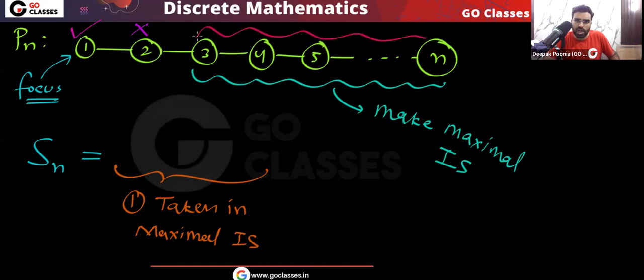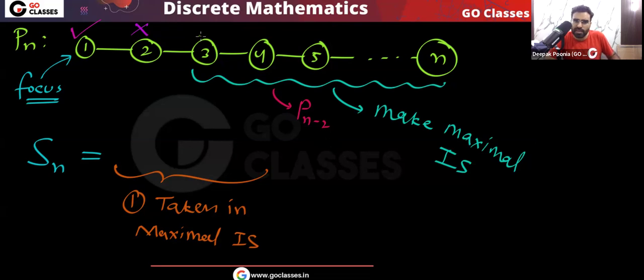Now you just need to count how many maximal independent sets you can create from this remaining graph. And what is this remaining graph? This remaining graph is your Pn minus 2. This is a path graph on n minus 2 vertices. So in this path graph on n minus 2 vertices, you need to count how many maximal independent sets you can create.